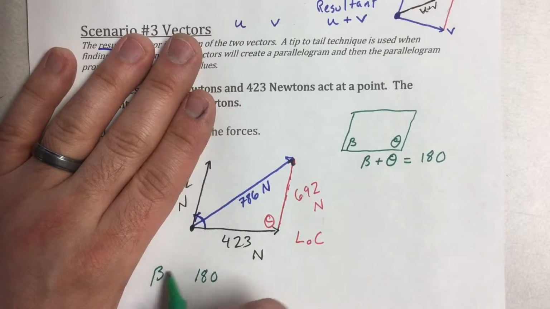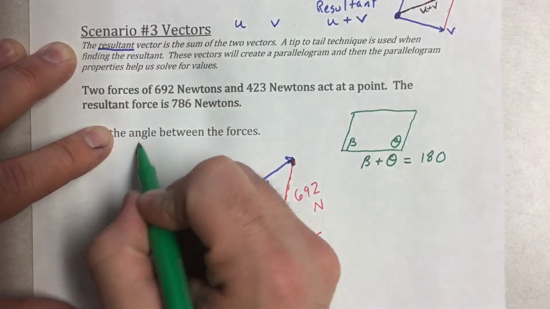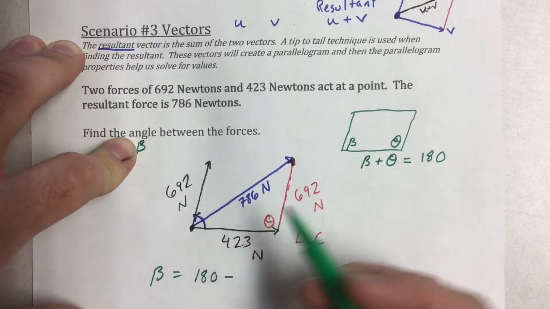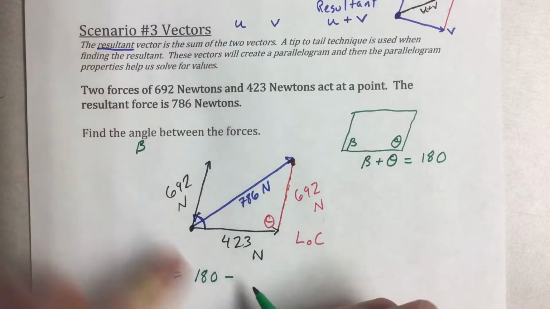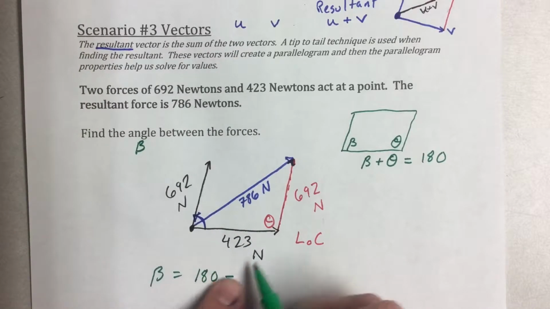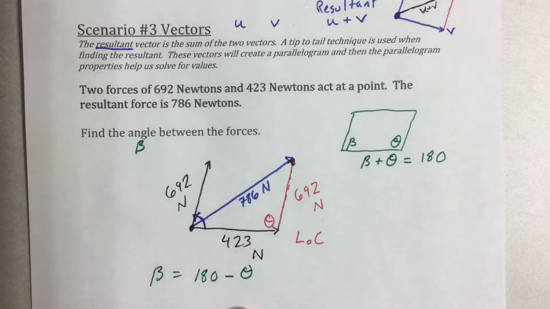We'll call this angle beta, or any variable, x, y, z, whatever. It's going to be equal to 180 taking away the angle that we found.